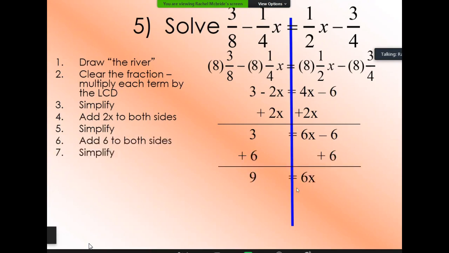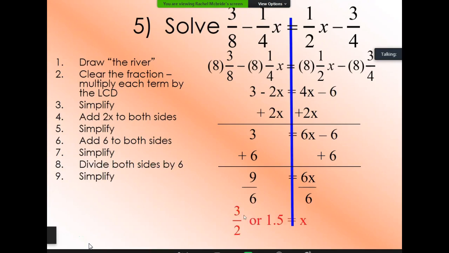And we get 9 equals 6x. Landon, what am I going to do next? Divide by what? Is there a variable on my 9? No, so instead of dividing by 9, I want to divide by? Yes. So 9 over 6 reduces to what?